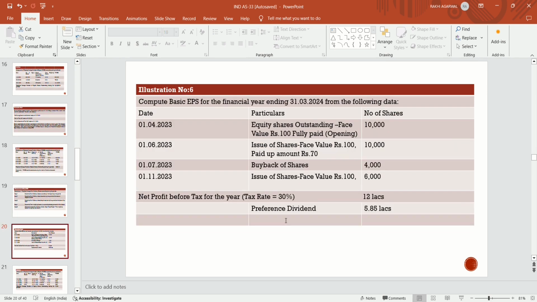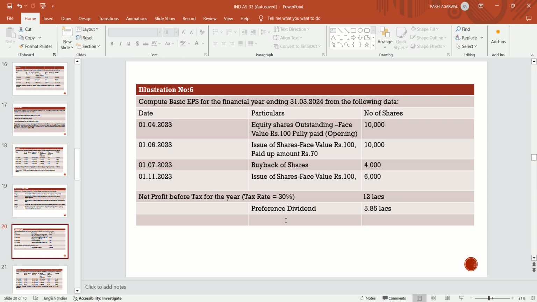Now, illustration 6, compute basic EPS for the financial year ending on 31st March 2024 from the following data. Firstly, at the beginning of the year, that is on 1st April 2023, equity shares outstanding, the face value of which is 100, fully paid, that is 10,000 shares.